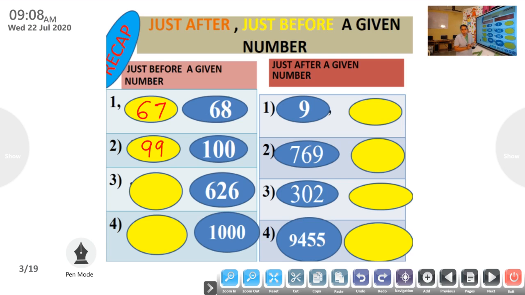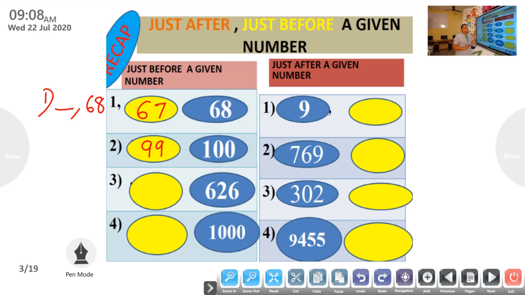Isn't it? Do you have the book? Do you take your book? Just open it. Write down the first question. So 1 dash 68. Do you write the question? 1 dash 68, 68 backward. The number just before 68 is 67.